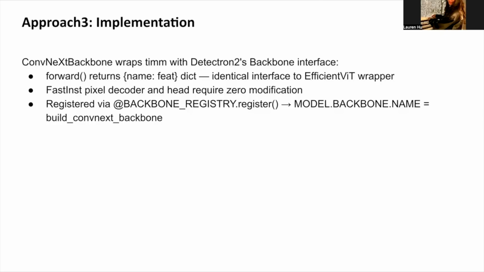The four output levels expose strides of 4, 8, 16, and 32, with channel widths of 96, 192, 384, and 768. I registered it through Detectron2's backbone registry, so you can swap it in just by setting the model backbone name in the config.